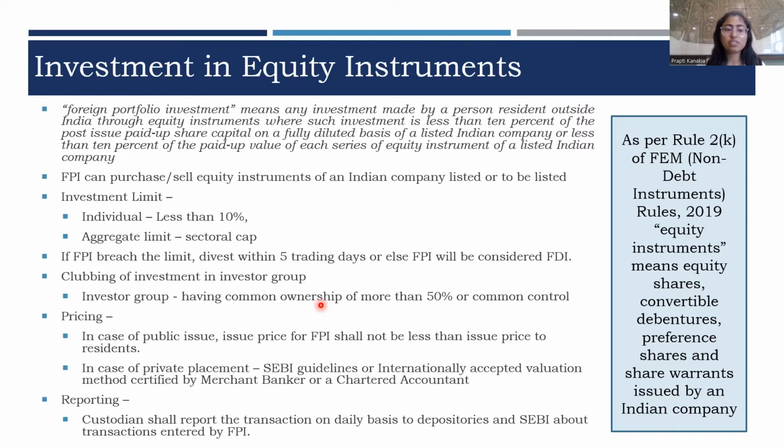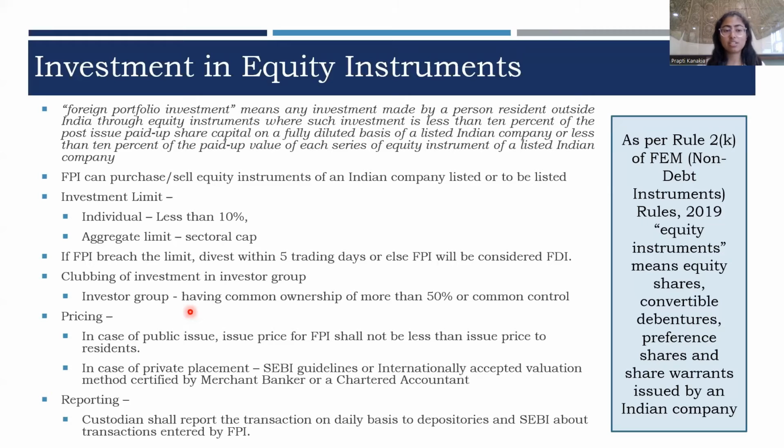For this purpose, the investment limit will be identified on the basis of investor group. Let's say, for example, there are 4 FPIs falling under the same investor group. If these FPIs want to invest in one particular company, the total investments by all these 4 FPIs should be less than 10%. Here, the investment limit will get clubbed for the 4 FPIs rather than an individual limit.